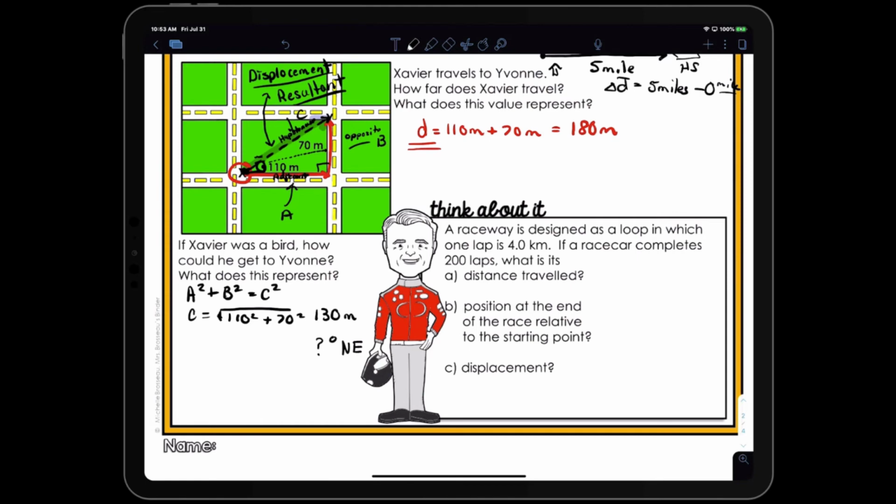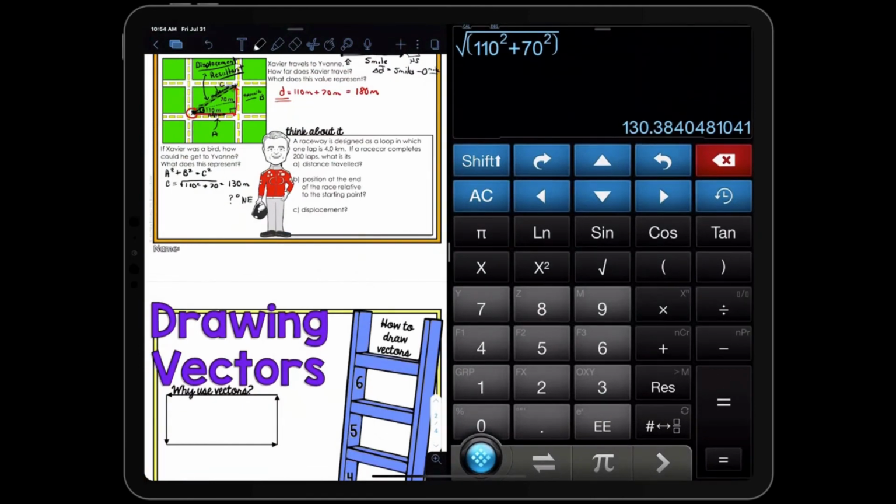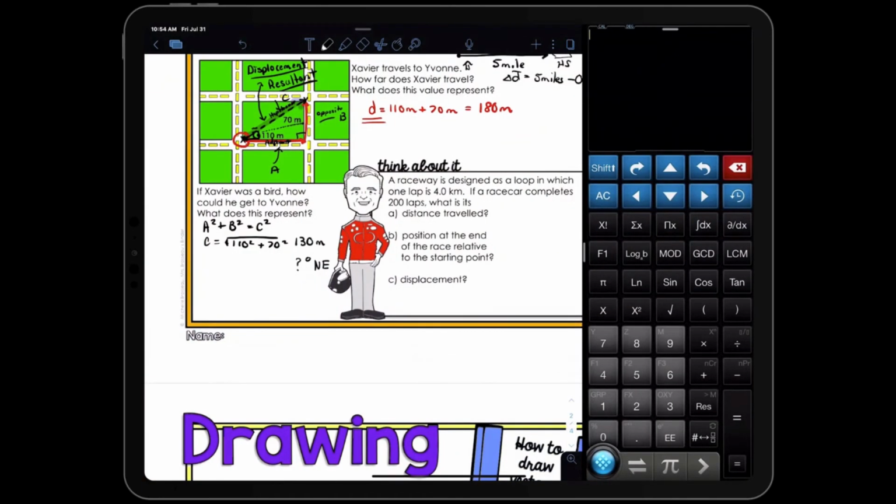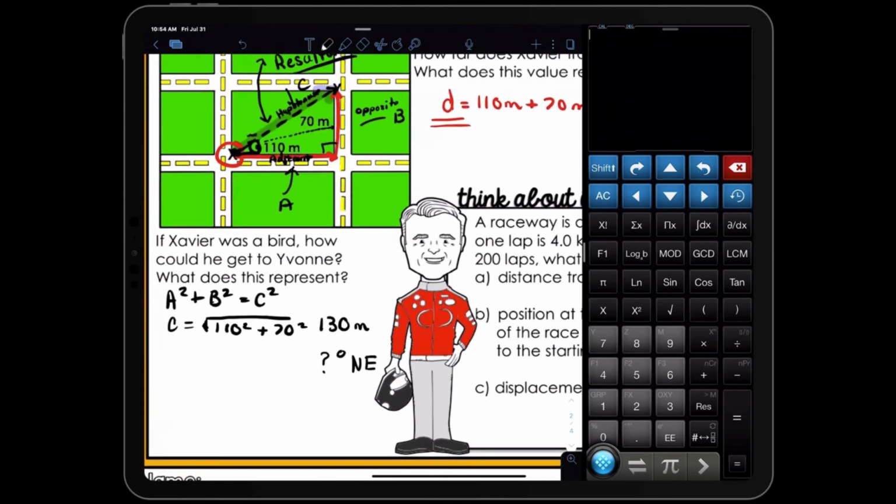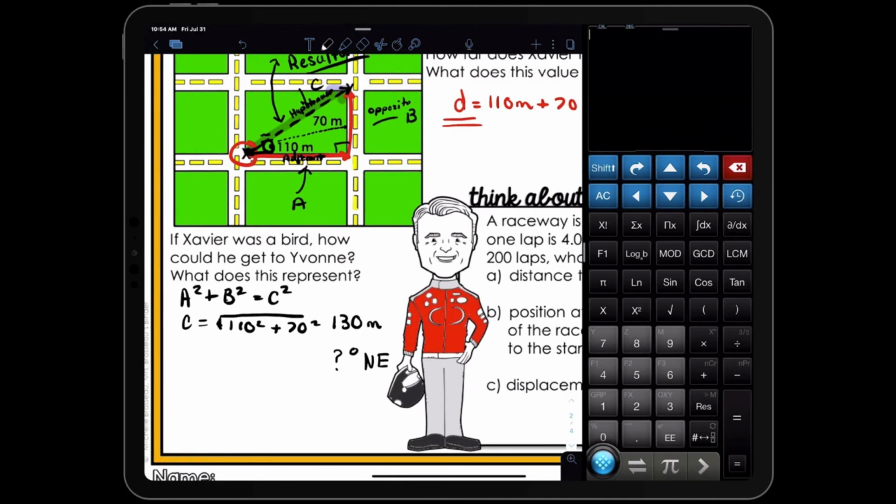On your calculators, you have three trigonometric buttons that you can use: sine, cosine, and tangent. What we will use to solve this problem is that tangent button. We will go over the details on how to use those trigonometric functions and which one to use and when, but for right now, I'm just going to walk you through it.